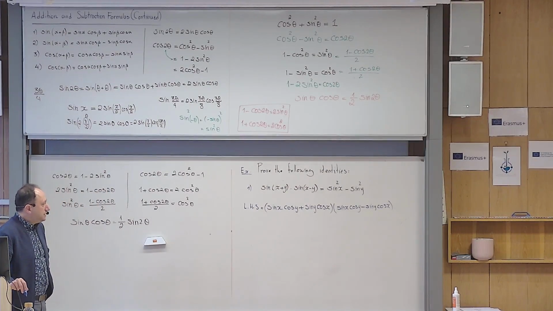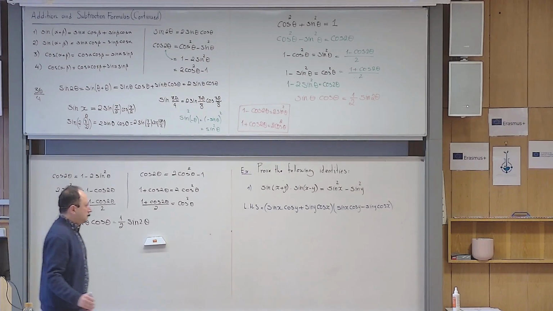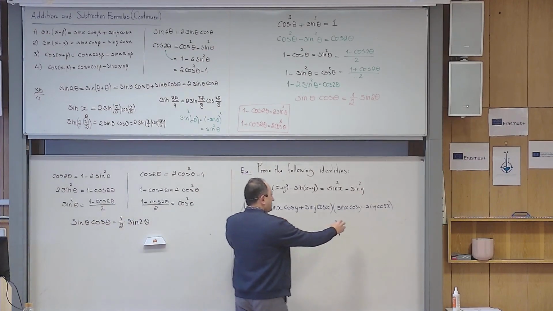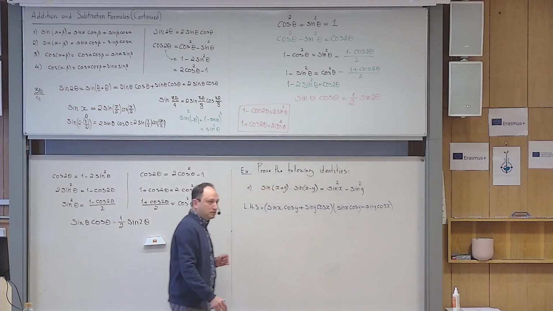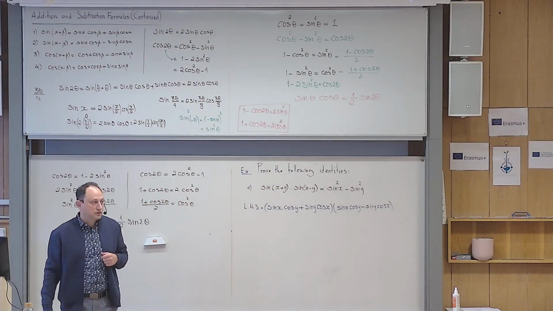It is probably not that easy to predict what I should do to reach the right-hand side, but there is one natural step that you should have enough experience to take. What is that step, do you think? Does this product remind you of some pattern? Which pattern is that?